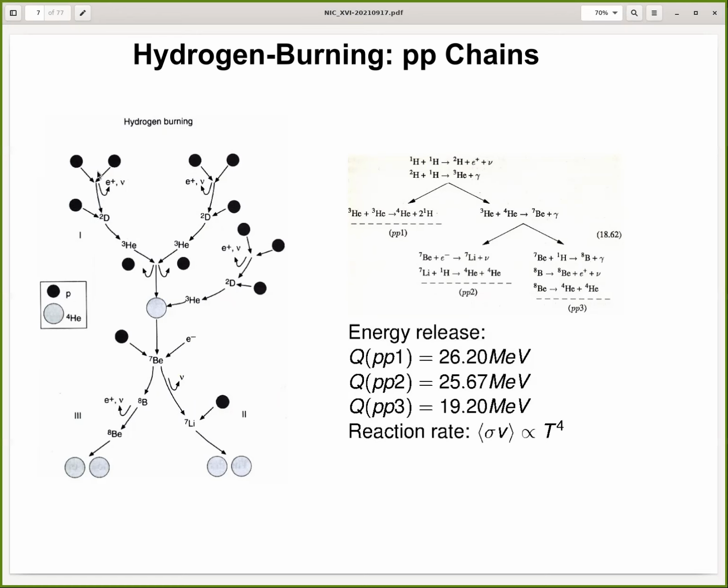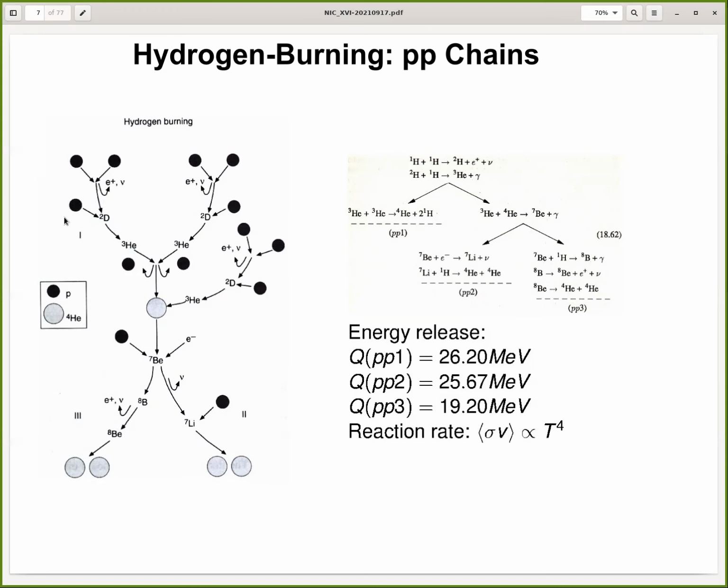And it does involve a weak reaction. One of these protons actually has to be converted to a neutron, and you create this lepton-antilepton pair coming out. That's a process that is actually fairly slow and sets the time scale for how fast this hydrogen burning can actually go ahead.